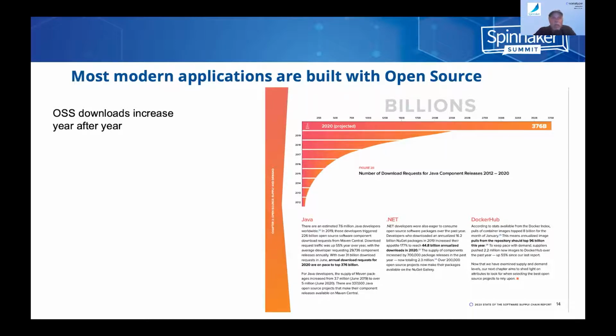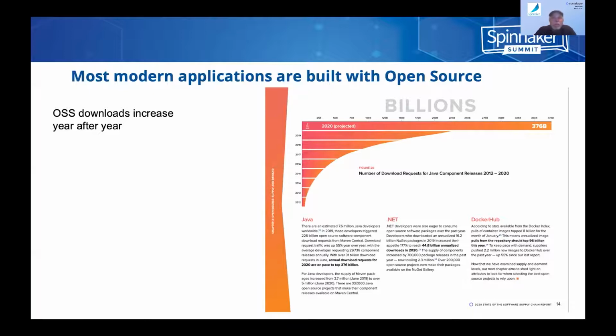If we look at the chart that's on the right, starting in 2012 and going through 2020, this year, we find that just within the Java ecosystem there are about 376 billion components that are being downloaded from Maven Central and the public repositories where folks can get those open source components.